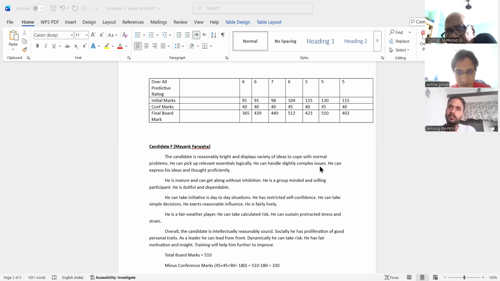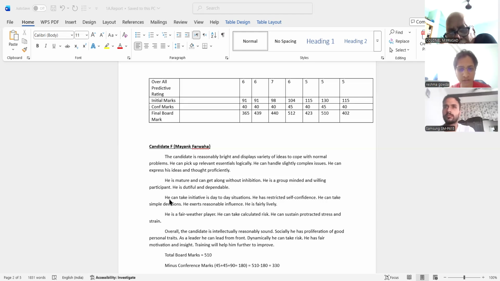That is the planning ability. He can express his ideas. That is the part of expression. He is mature and can get along with innovation. So social adaptability. He is group-minded and a willing participant. Cooperation. He is dutiful and dependable. Sense of responsibility.